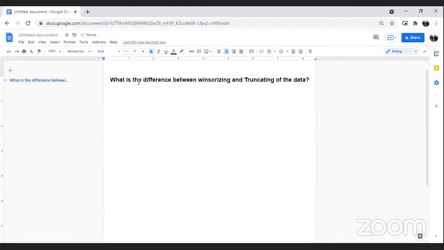Next topic for the discussion. What's the difference between winsorizing and truncating of the data?